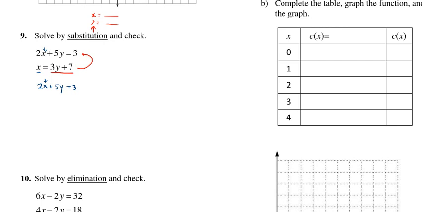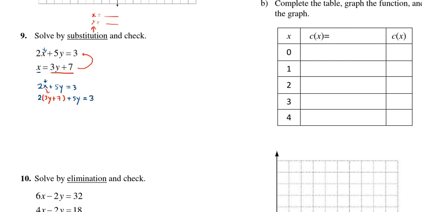So this equation will become 2 times the value of x, which is 3y plus 7. That's the value of x, plus 5y equal to 3.